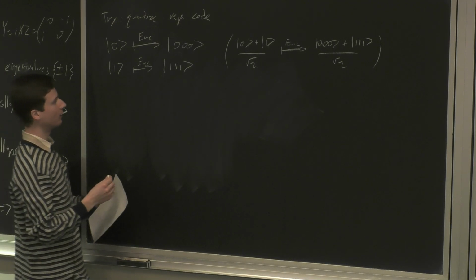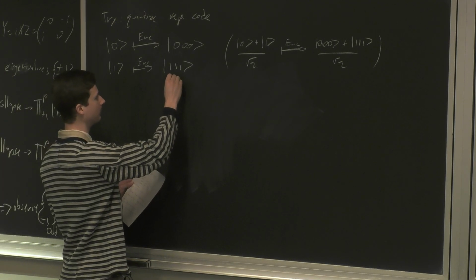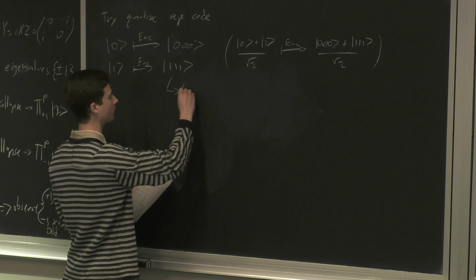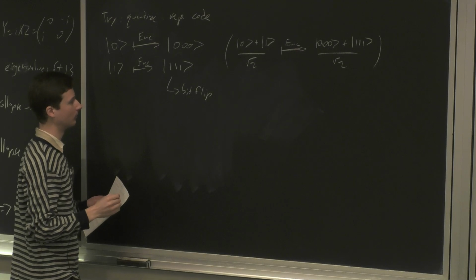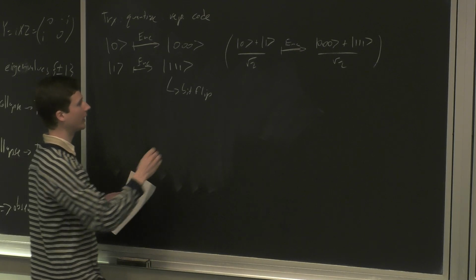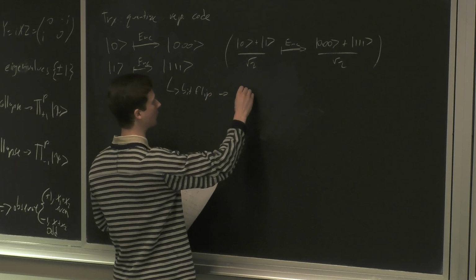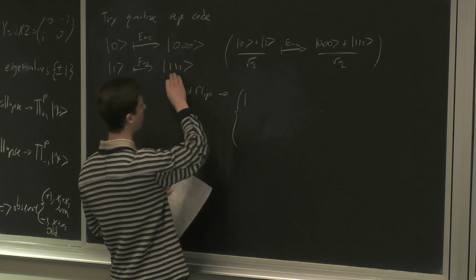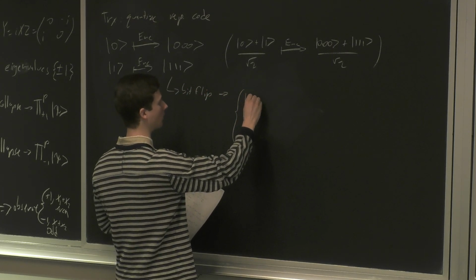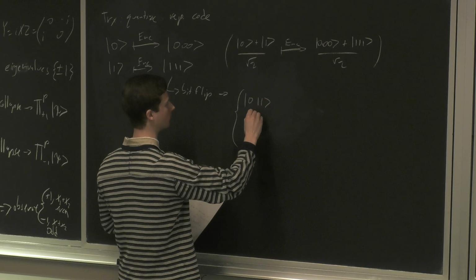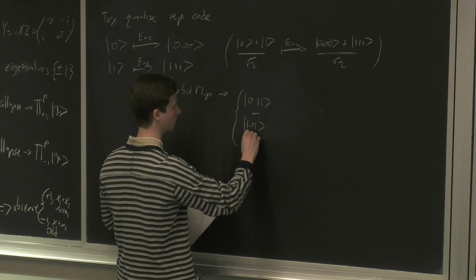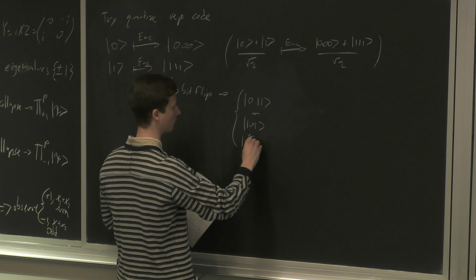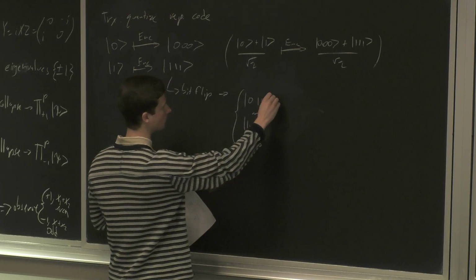And the idea is now if we have an error occur, say a bit flip error, that will map our state to something that's corrupted. So something like, say we start with 1, 1, 1, then we have a bit flip, we'll get back something like 0, 1, 1, or 1, 0, 1, or 1, 1, 0.